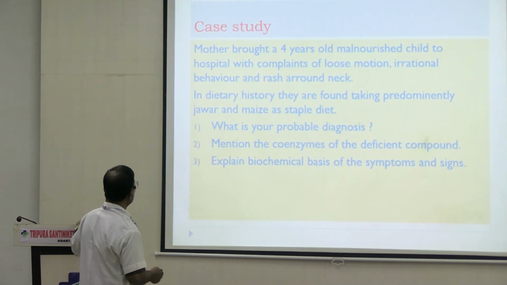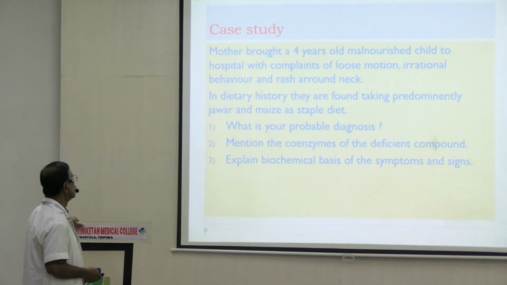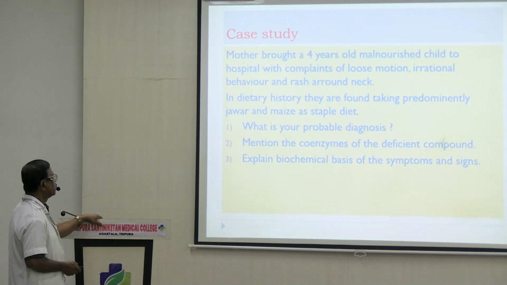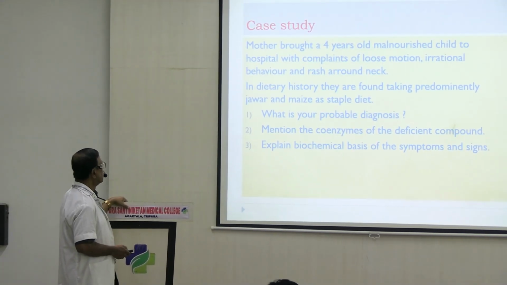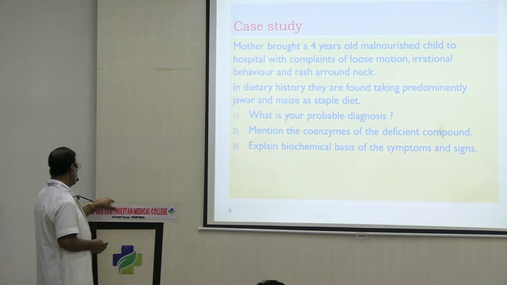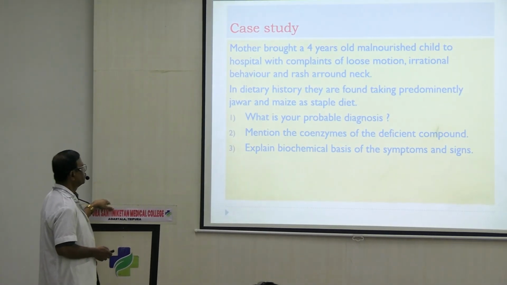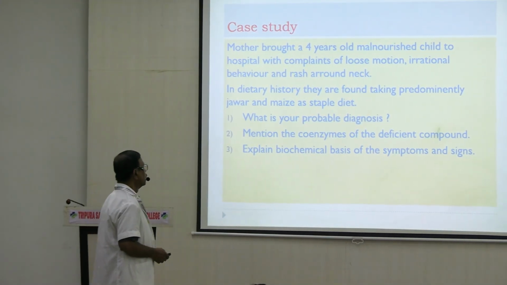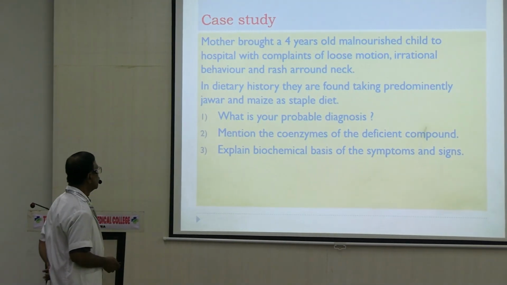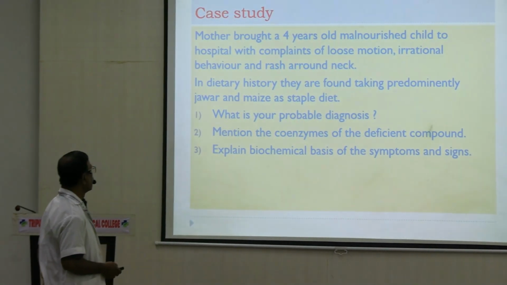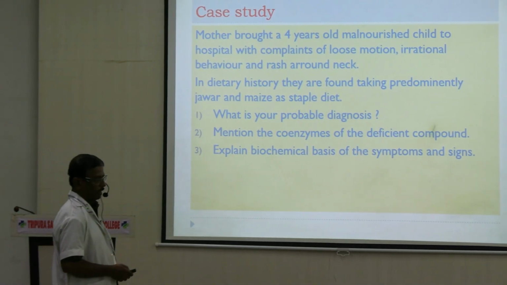Now, here is a case study. A mother brought a 4-year-old malnourished child to hospital with complaints of loose motion, irrational behavior, meaning abnormal behavior, and rash around the neck.